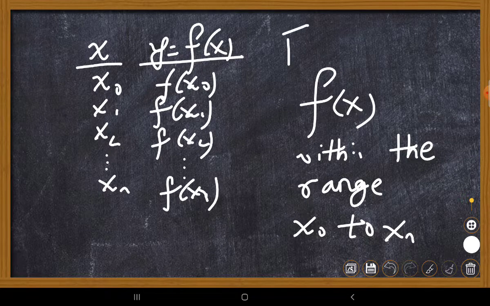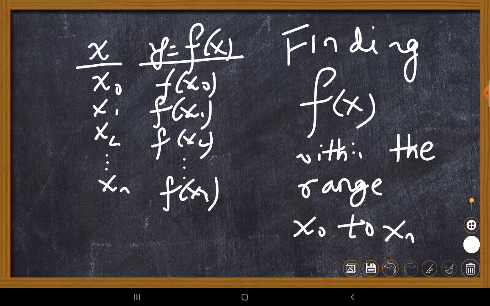And extrapolation will be outside this range of x.